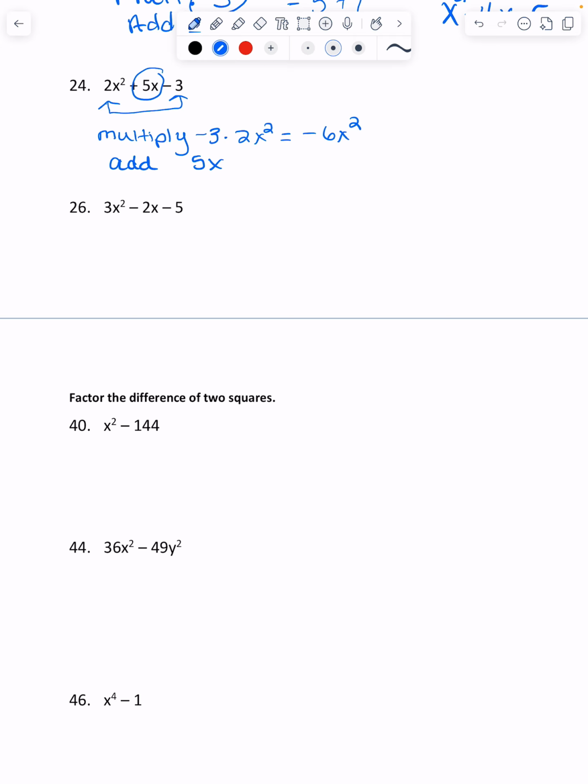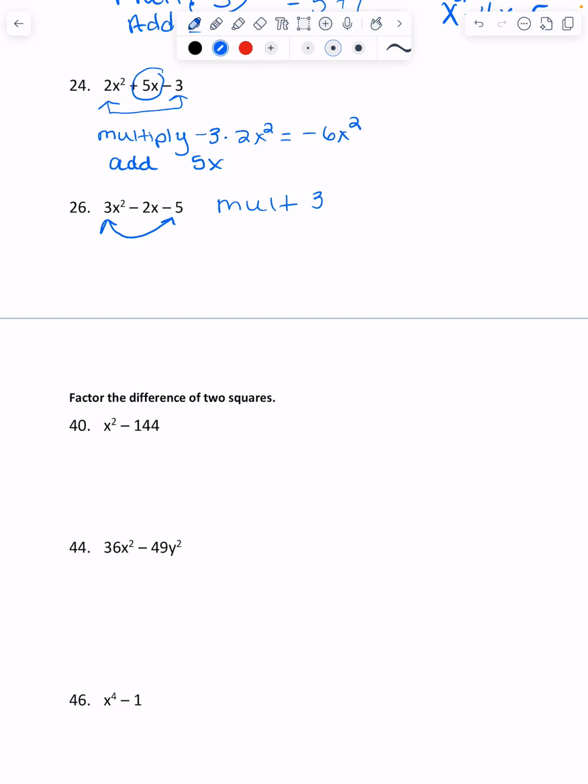Okay, let's look at another example of a harder type of trinomial. Again, I have that 3 in front of that x squared. So I look for two numbers that multiply together to give me my last term of negative 5. Oops, that is not correct. I'm going to multiply the first term and the last term together.